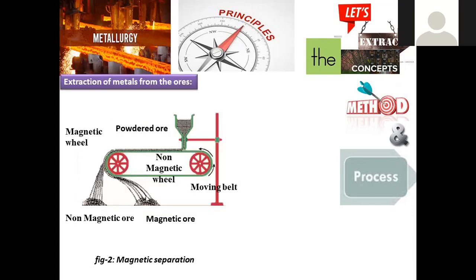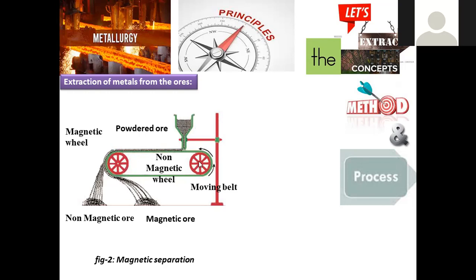And let us move on to another one called magnetic separation. Magnetic separation is carried out by taking the powdered ore. In this hopper, the powdered, crushed ore can be taken, and here we have wheels which have the provision to rotate. While rotating, the ore particles travel on this belt which is surrounded by these two wheels.